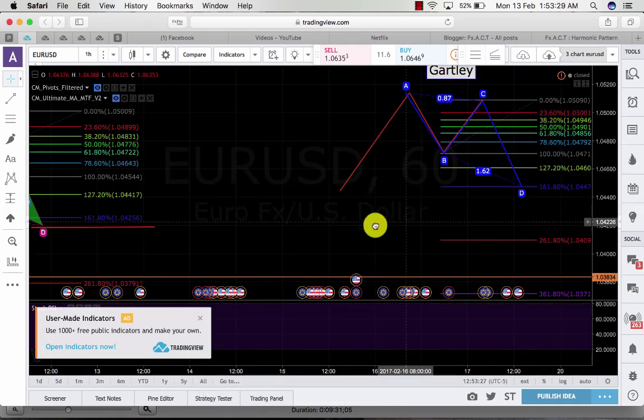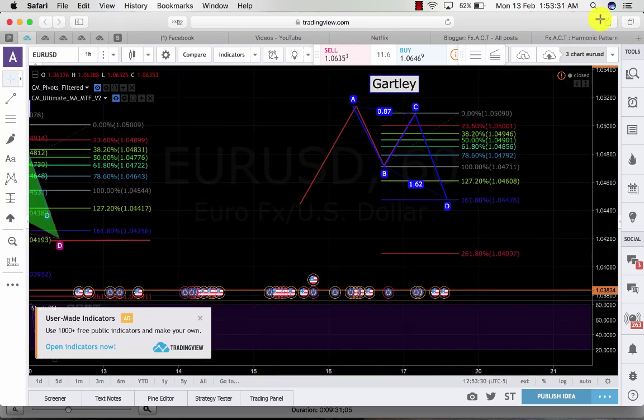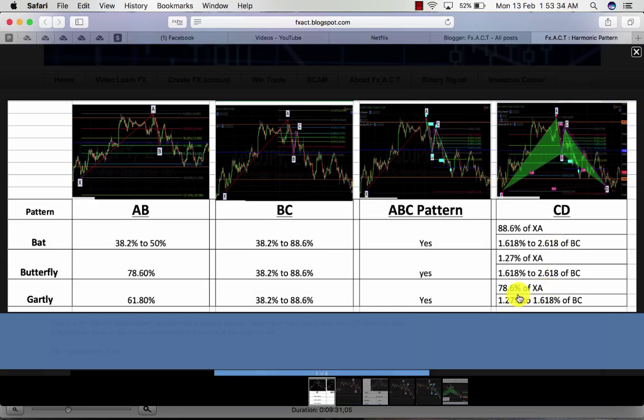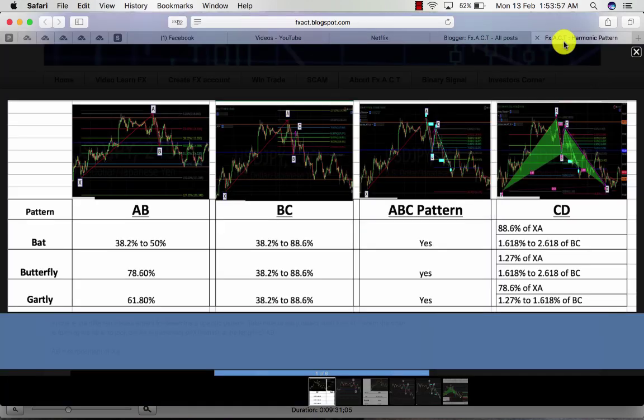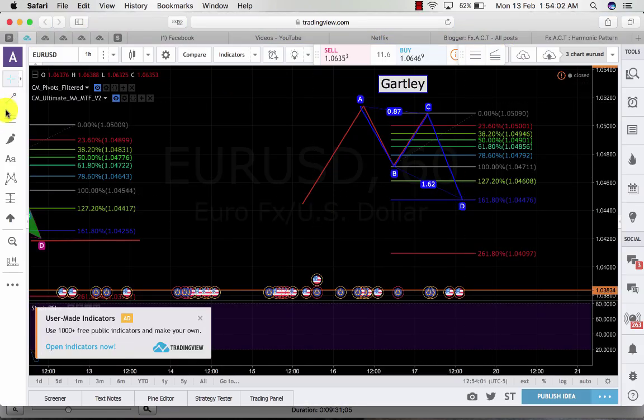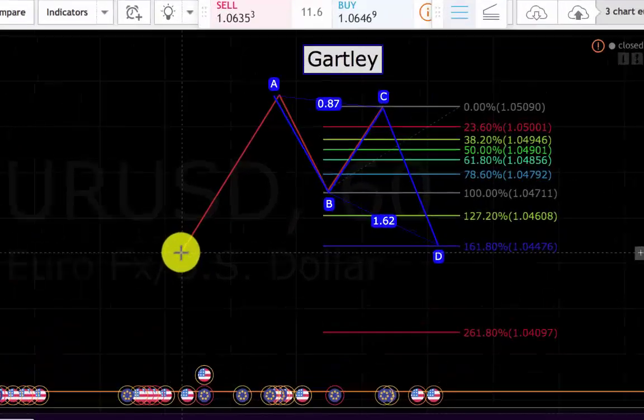Now for the Gartley, this has different measurement. Let's see, it has 78.6% of XA and 127% to 161.8% of BC. So it's a little bit shorter. So it has to be on this one, in between 127 to 161.8% of BC and 78.6% of XA. So we will get the measurement of XA.